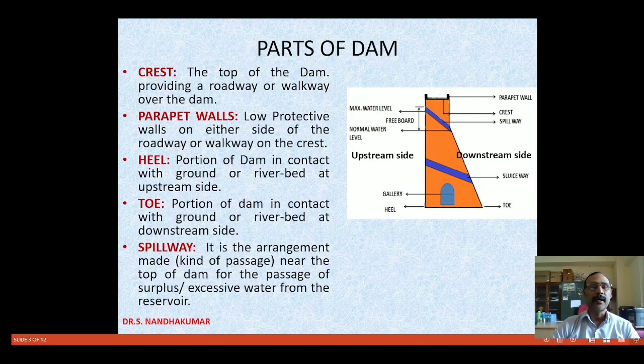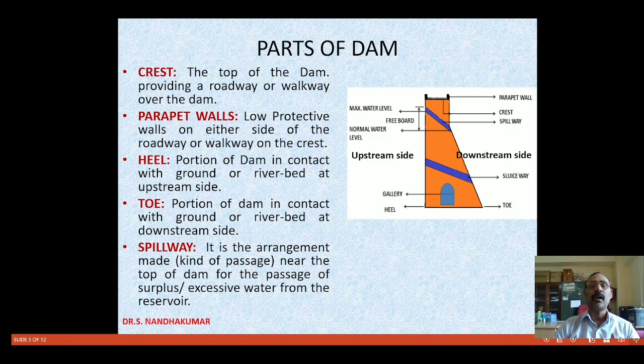Coming to the parts of a dam, on the right side of your slides you can see a picture of the parts of a dam. Just go through the picture. The top portion of the dam we generally call the crest. It provides the roadway or walkway on the dam.